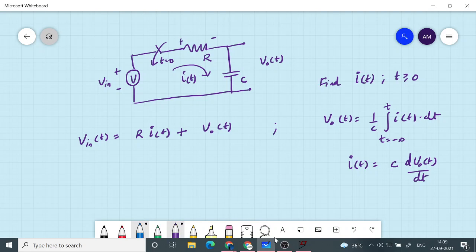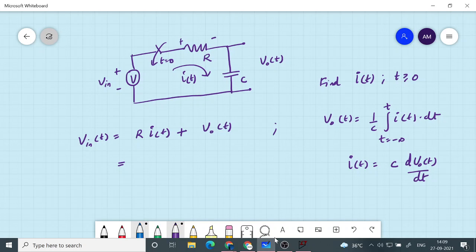So this way I can escape the need for writing the integral, and the only problem is that instead of I of t, my variable will become V0 of t. Okay, so that finally I will try to settle.